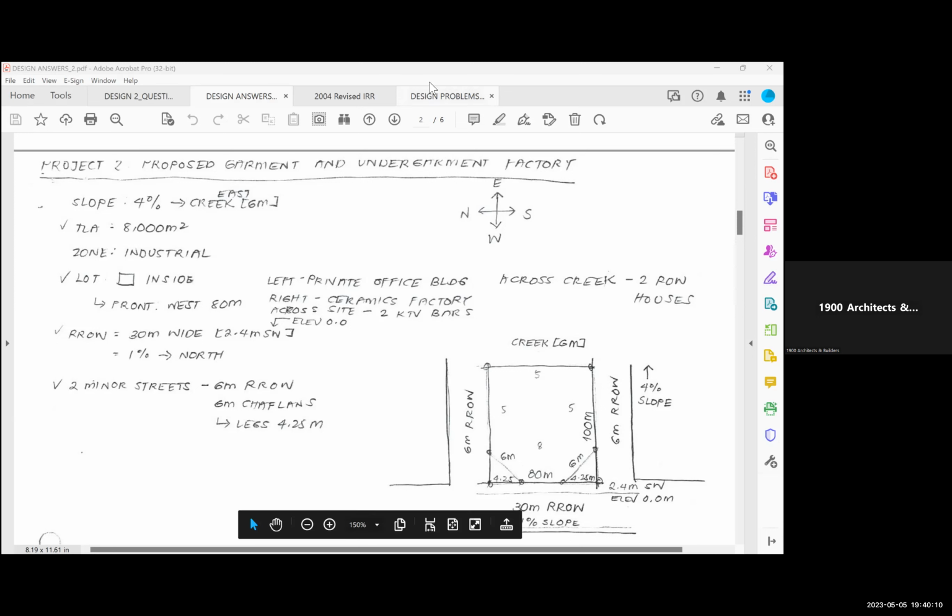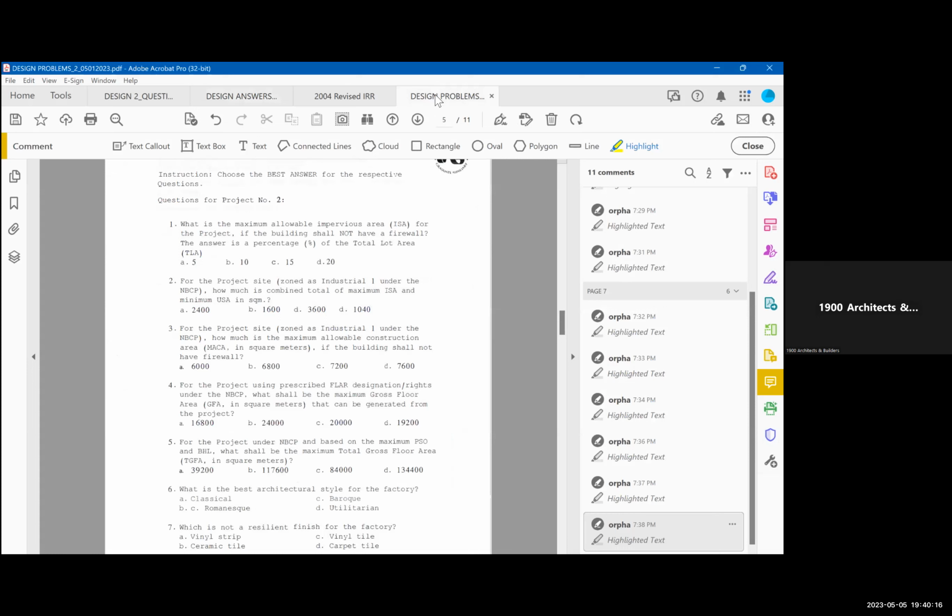Okay? So, for question number 1, what is the maximum allowable impervious area? So, it's ISA for the project if the building shall not have a firewall. The answer is a percentage of the total lot area. So, paano natin sasagutan?